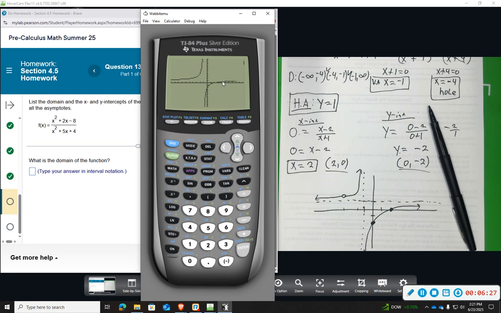Okay, we can kind of see the shape. Looks kind of like what we have drawn here. If I were to zoom and do zoom decimal, that would allow us to see the hole, and you can kind of see that here, 1, 2, 3, 4. If I trace the graph, it's going to go to the left. We're in the negatives now, so it's jumping on the negative side.